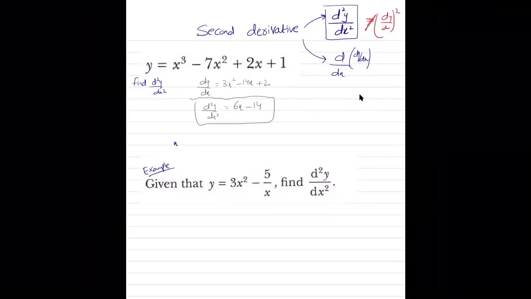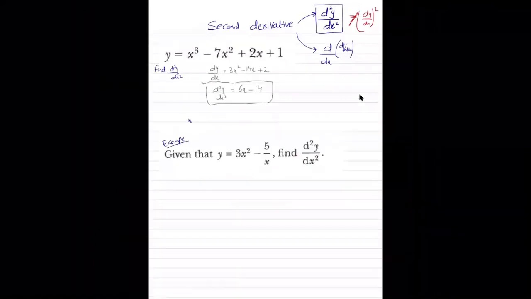This is when you're going to go for the second derivative. And we usually go for the second derivative if we are asked to find the nature of the stationary point. I'm going to come to that in a while. Okay, so if this is a function given to you, y is equal to 3x squared minus 5 upon x, can you try to find the second derivative of this function?